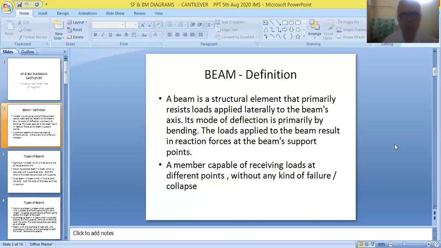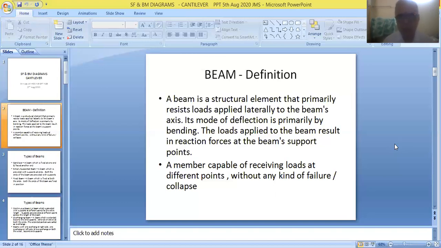So mostly we deal with cantilevers and simply supported beams. So therefore, first of all, we have to make a note of this definition that is referred to as a beam.